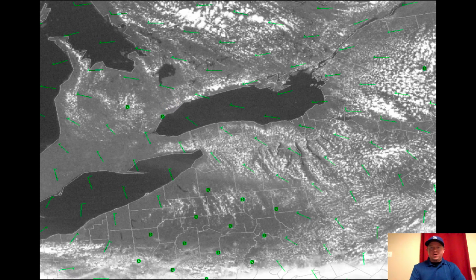Depending on the flow, your synoptic scale wind can either enhance that lake breeze or keep it from going in. So again, if you're forecasting for the south shore here of Lake Ontario and the water temps were still in the 50s or maybe up to 60, if you only thought the sea breeze was going to go this far in and it actually went this far in, it could really bust your forecast.